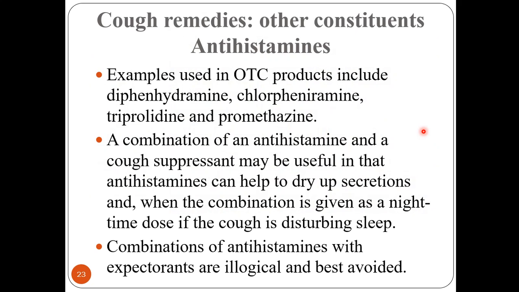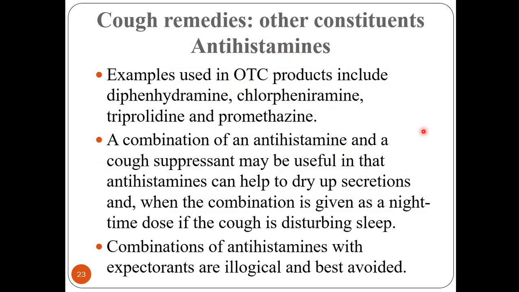Now we'll talk about the other constituents that occur in cough syrups or cough remedies. We also find antihistamines. Examples of antihistamines in OTC cough products include diphenhydramine, chlorpheniramine, triprolidine, and promethazine.